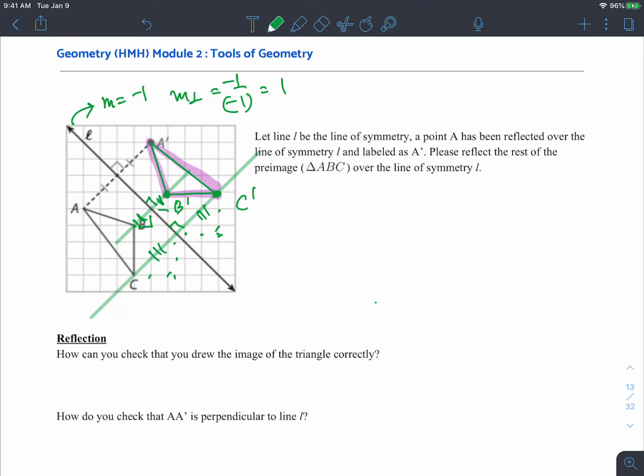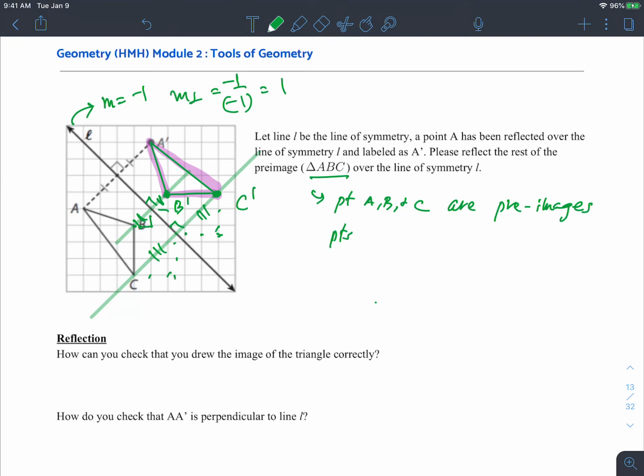So what do we notice about this? In this particular case, the given points, the pre-image ABC, so the points A, B, and C are called pre-images, right?